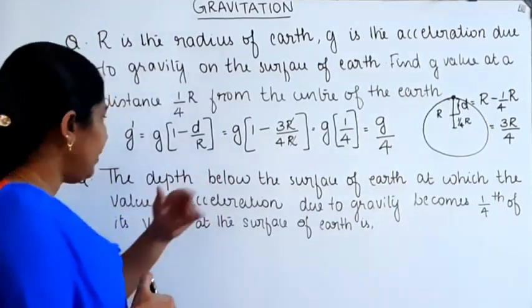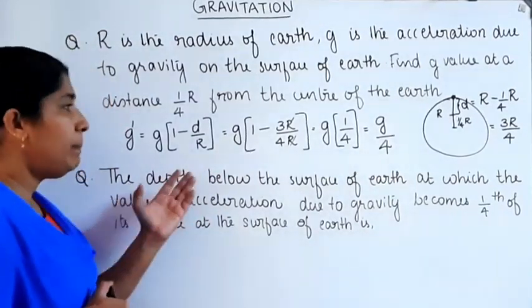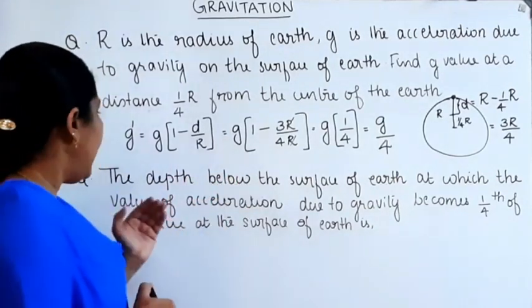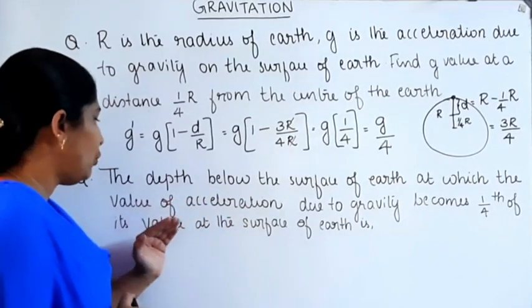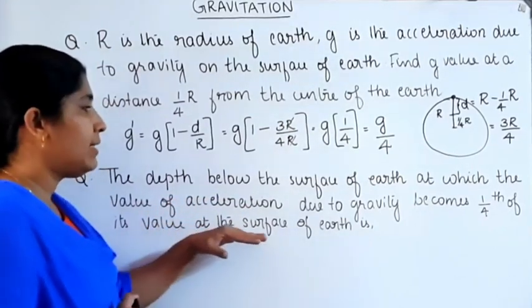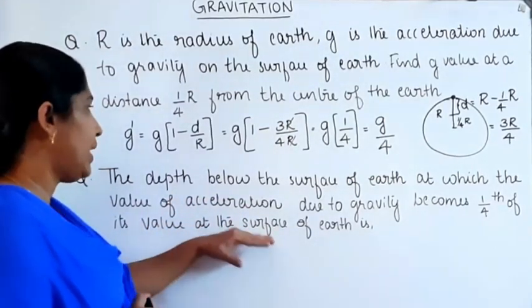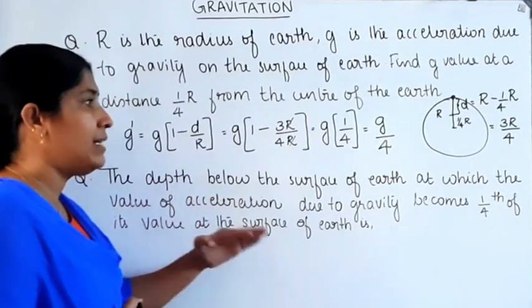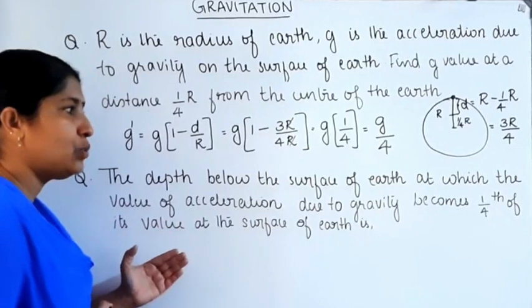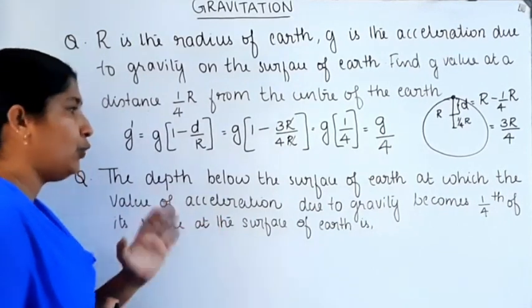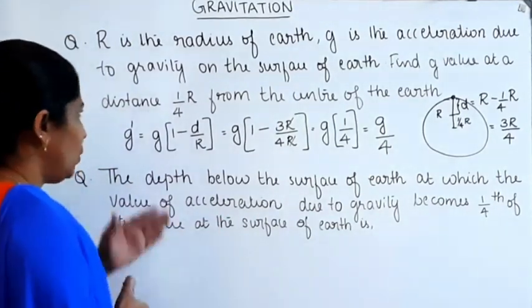Our next question. The depth below the surface of the earth at which the value of acceleration due to gravity becomes 1 by 4 of its value at the surface of the earth is?